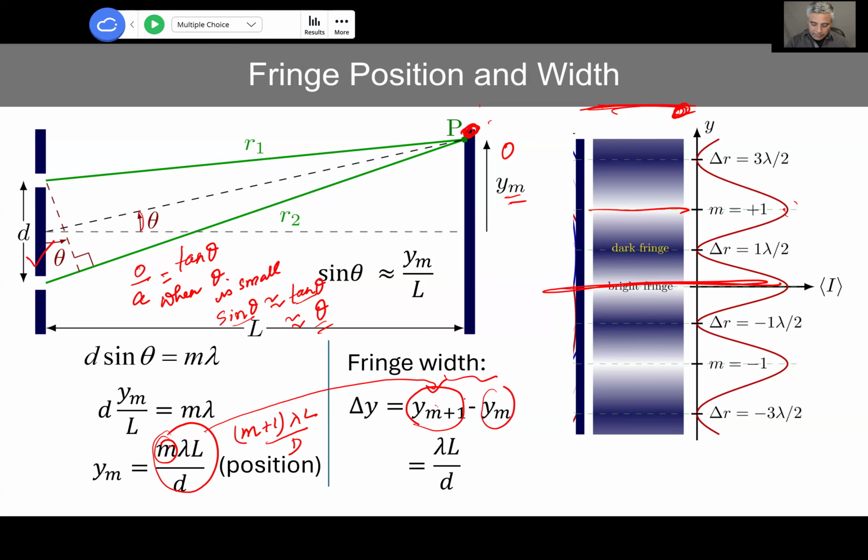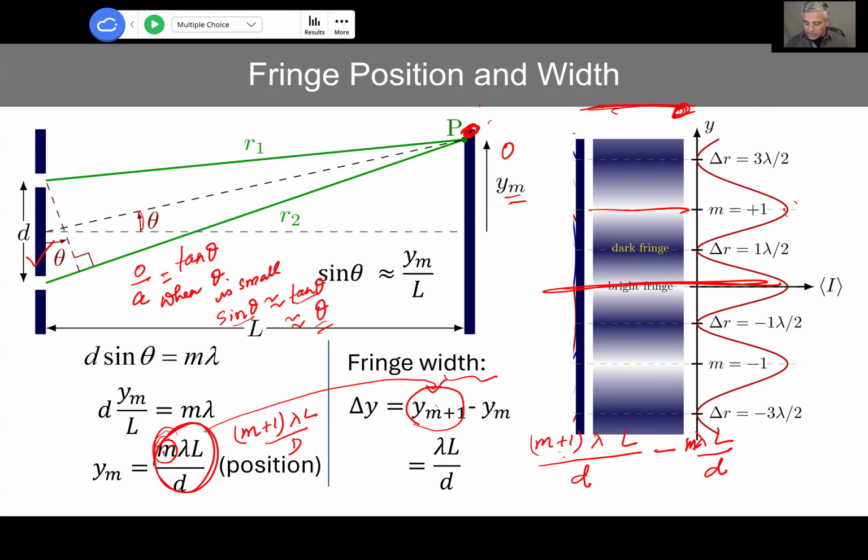And for this ym, it's going to be just that. So it's like (m plus 1) lambda L divided by D, and then minus m lambda L divided by D. It has to be, this is ym, so it has to be m lambda, exactly that, okay?